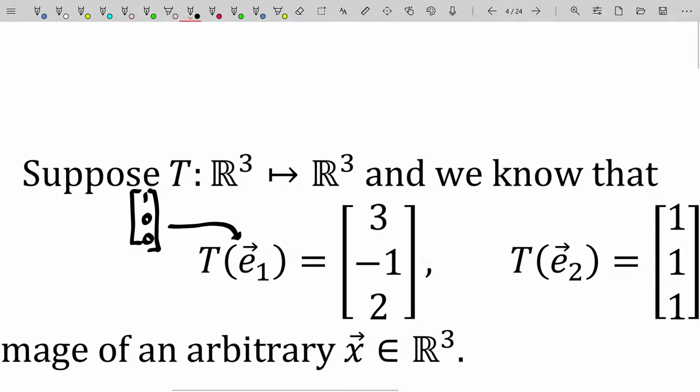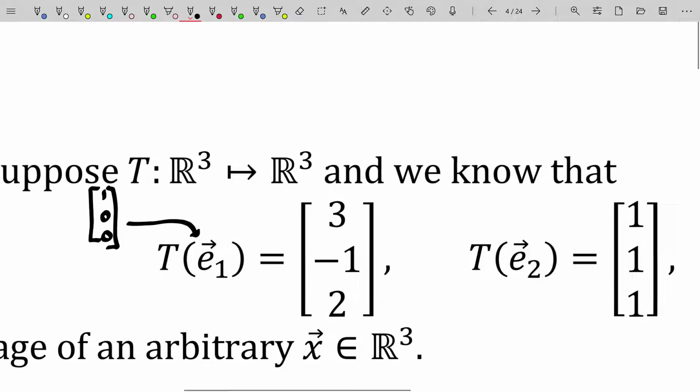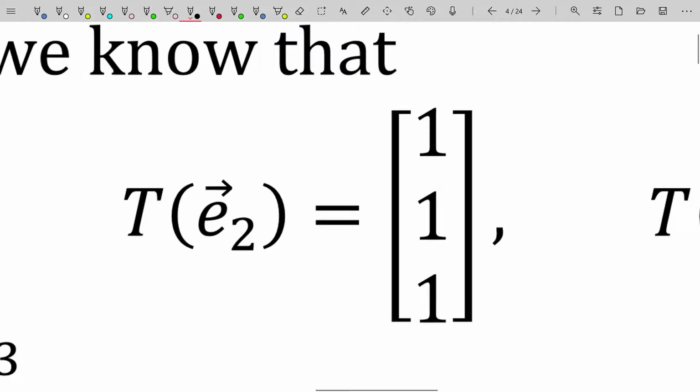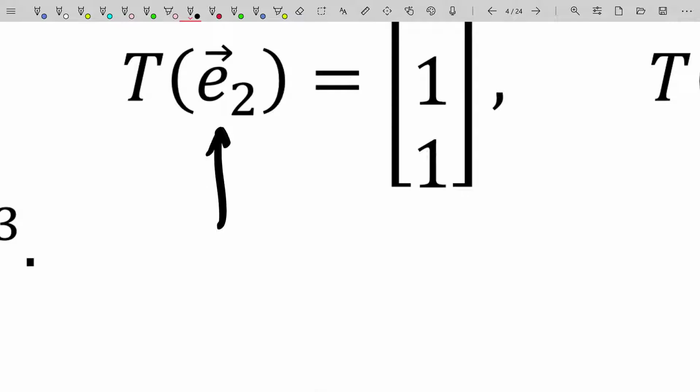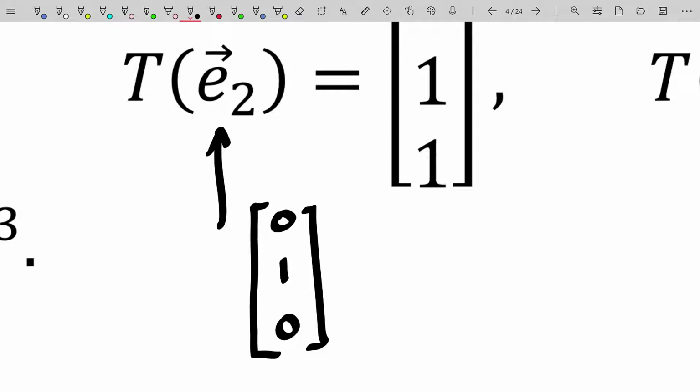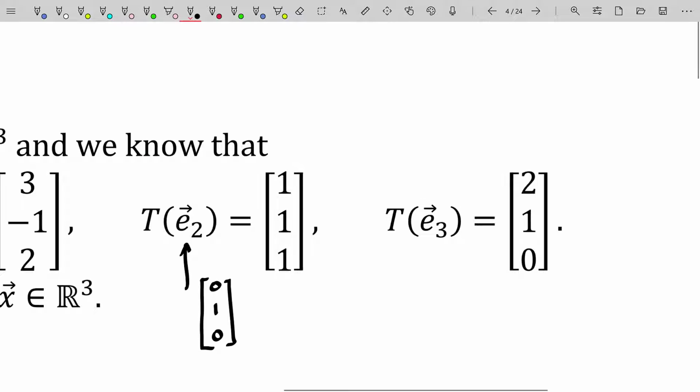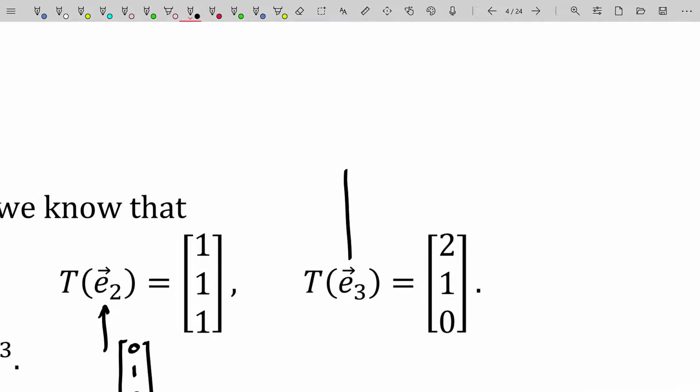We're going to keep that hidden in the background. Likewise, we can apply the transformation to e sub 2. Remember, e sub 2 in 3D, or R cubed, is (0, 1, 0). And its image under our transformation is going to be (1, 1, 1). And finally, the image of e3 under our transformation will be (2, 1, 0).